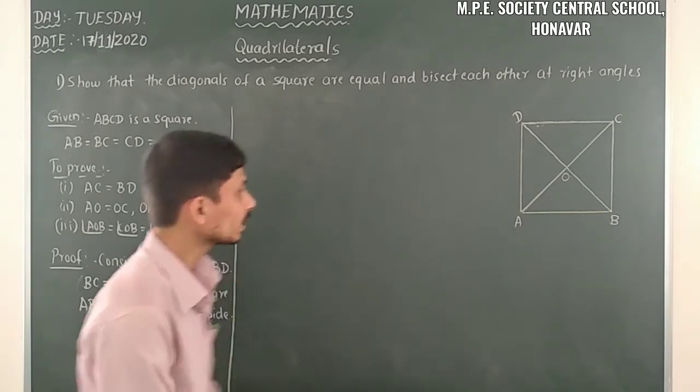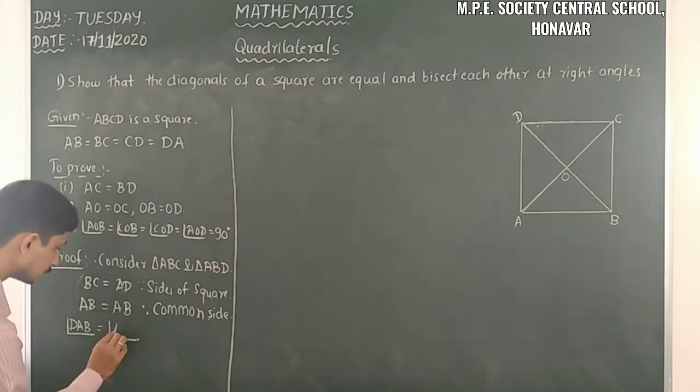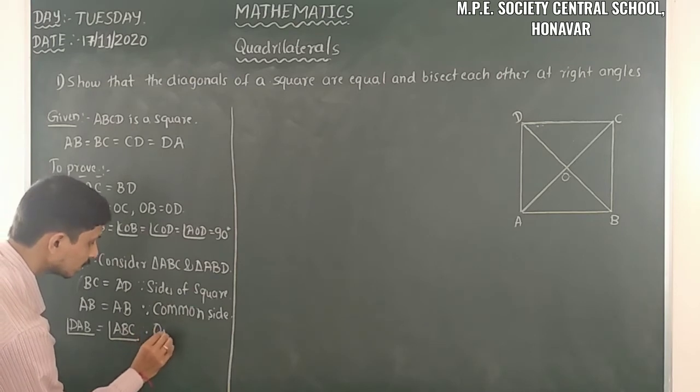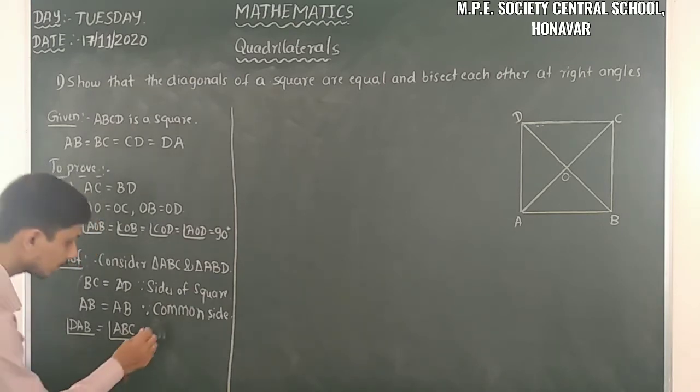So we can take angle DAB is equal to angle ABC, the angles of a square.